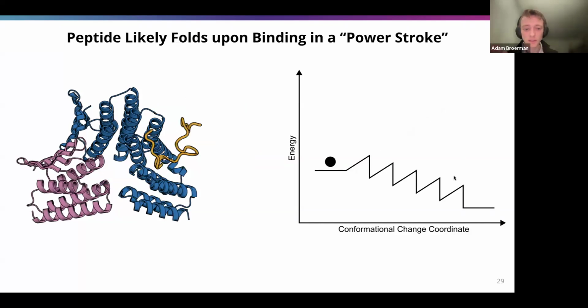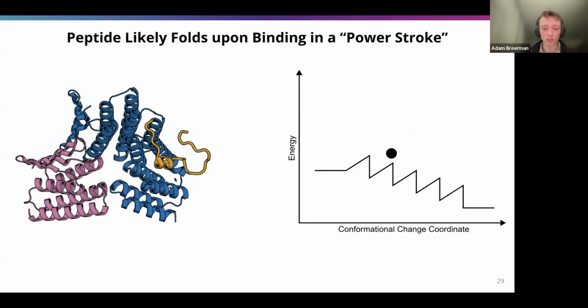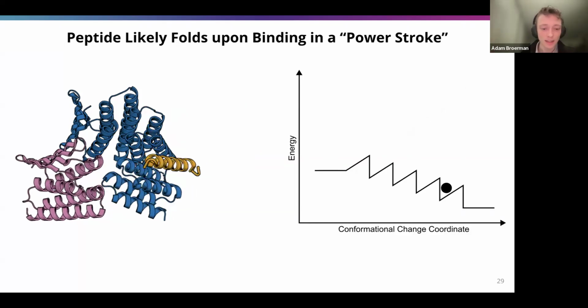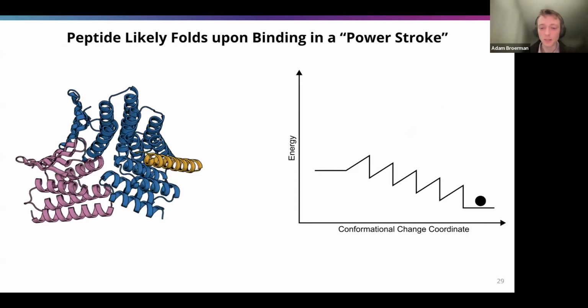In contrast, this flexible effector is probably able to make interactions in this cleft and stabilize small steps along the conformational change coordinate. By splitting this large step into a lot of small steps, each of which can be individually stabilized and so has low barriers, overall you can get a much more rapid induced process, much like a power stroke in motor proteins.